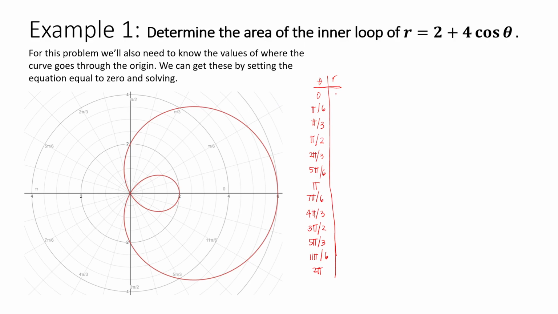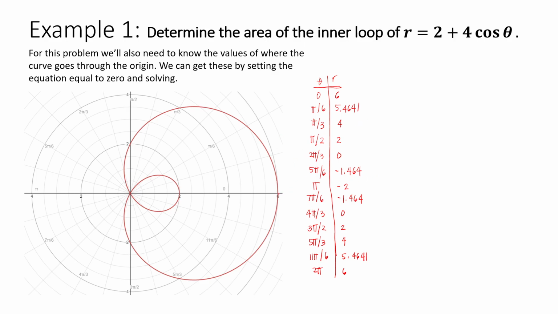Answer: 6, 5.4641, 4, 2, 0, negative 1.464, negative 2, negative 1.464, 0, 0, 2, 4, 5.4641, and then 6. Okay, thank you for that one, Michaela.